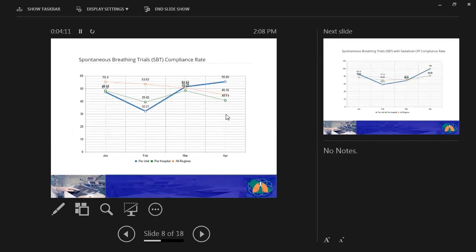This is the spontaneous breathing trial, and I know we have many respiratory therapists here in the room, and on the webinar also. This is about doing a weaning trial in patients who should have a weaning trial done, and the compliance across all ICUs is around 45%. So 45% of patients who meet criteria for a weaning trial are getting weaning trials.